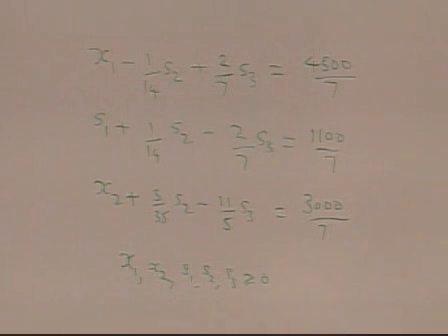Yes? S2, S3 cannot be negative. So set them equal to 0, and then you get the maximum number, which is 36,000 over 7. Okay, so very good.